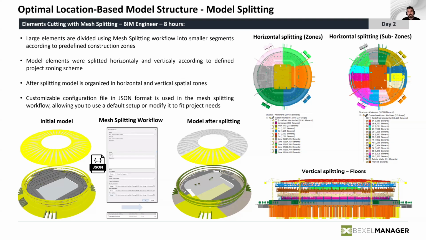So we split it into zones and subzones that were more or less equal in size in order to, in the future, optimize the sequence of execution. That means to use more or less the same amount of resources throughout the project execution. So that was the first step. And in this specific case, it more or less took us like 1 day to do it, even though it's a huge project, it was a huge model. With this advanced algorithm, we were able to do that in more or less 1 working day.